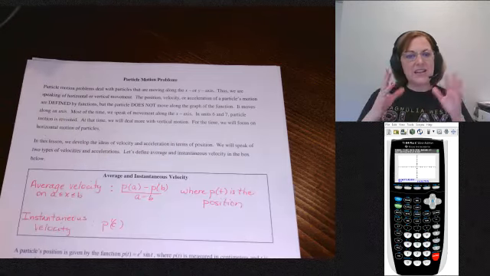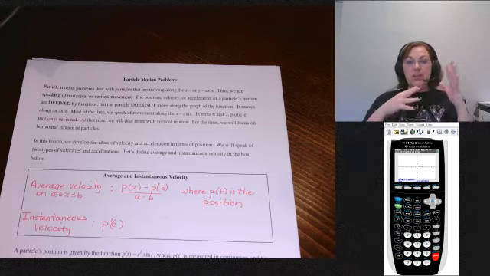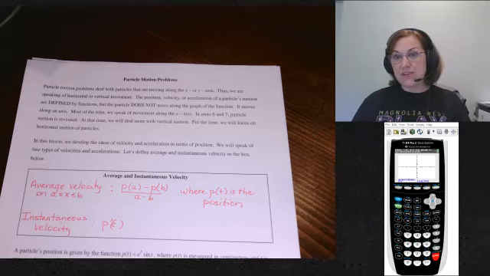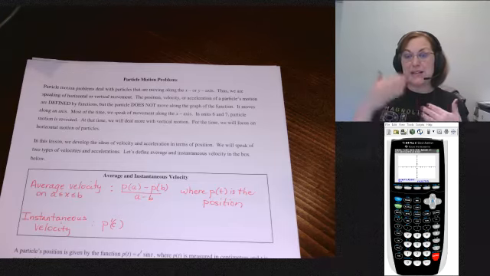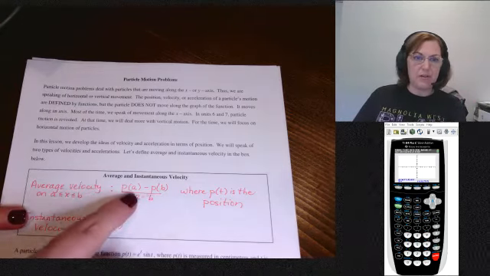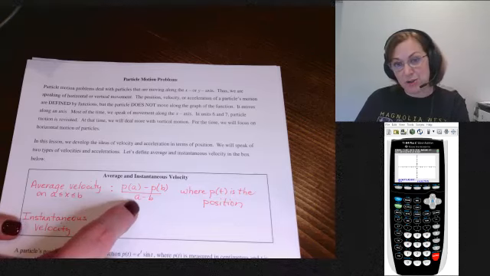I think we need to get a good definition of the velocity here. The average velocity, and you may have done some of this in your physics class, is the difference in the positions, that's my top, over the difference in time, or the amount of time that it took you to get there.